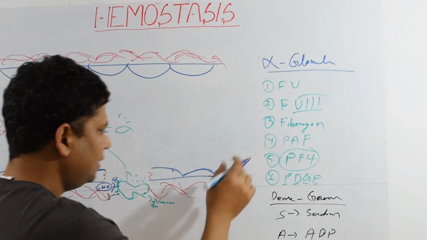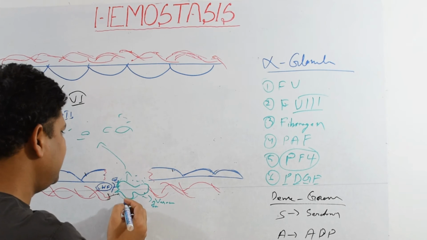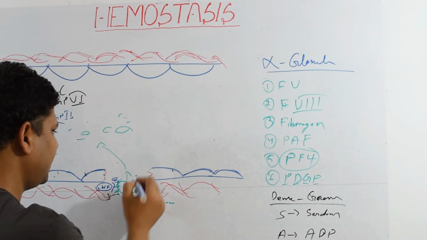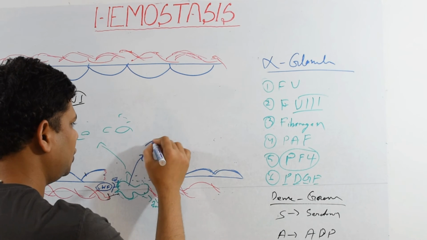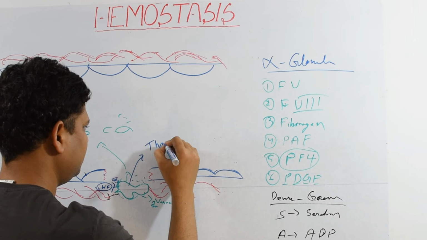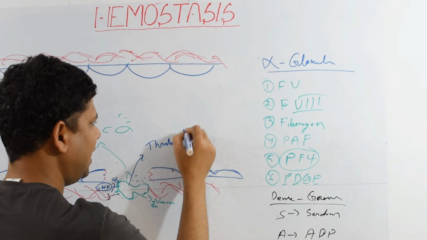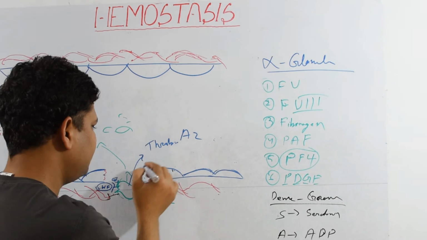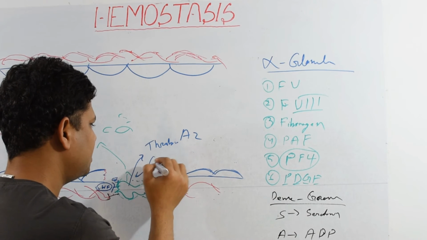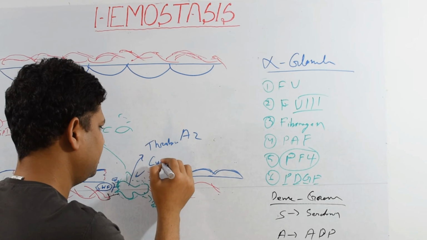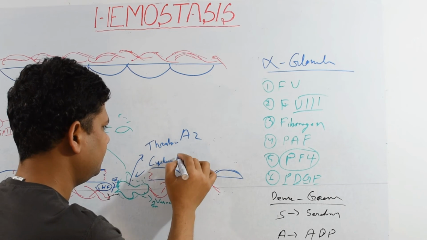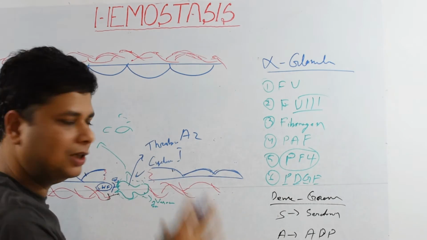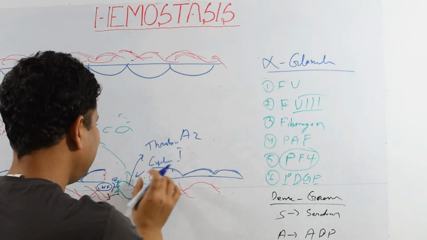Along with this, the activated platelet also secretes some thromboxane A2. This thromboxane A2 is made by cyclooxygenase 1, COX-1. Why is this important?